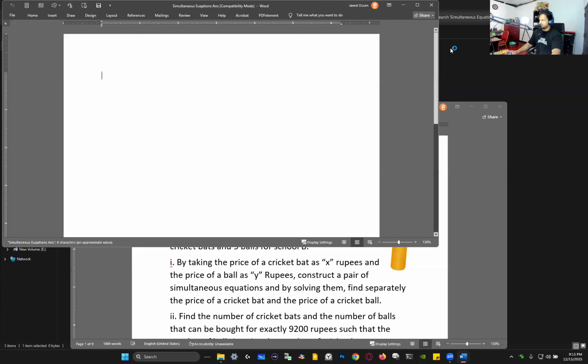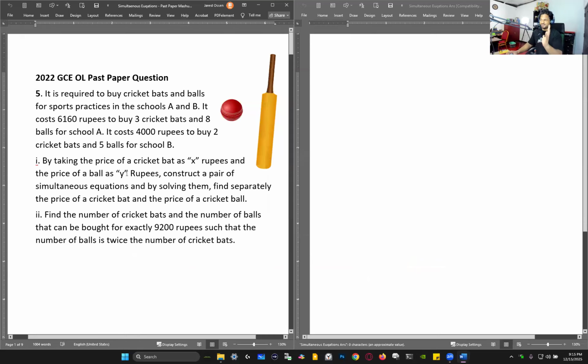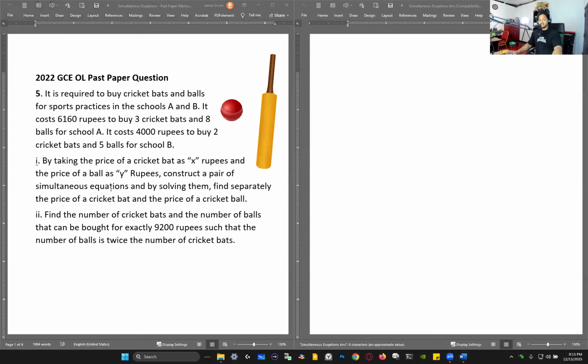Simultaneous equations is honestly not a very difficult lesson, I promise. A lot of students think that it's difficult, but honestly, it is so easy. So I don't like teaching it. I'll teach it though. I'll teach you the shortcuts, but it's not difficult at all.